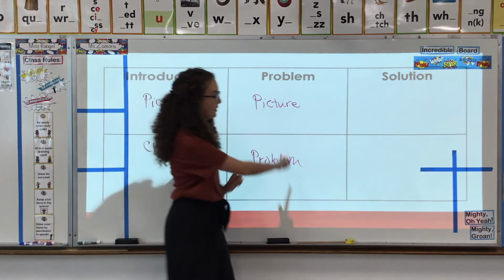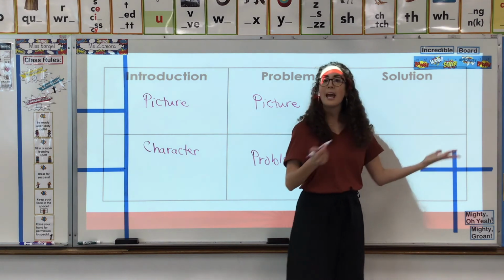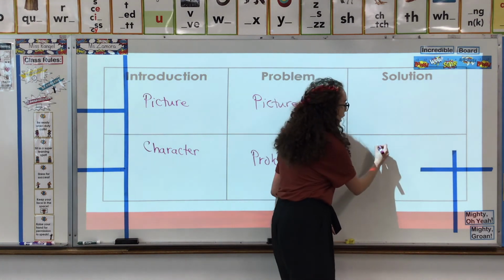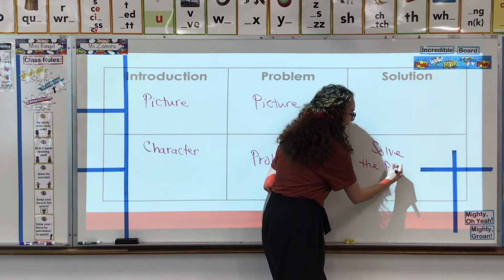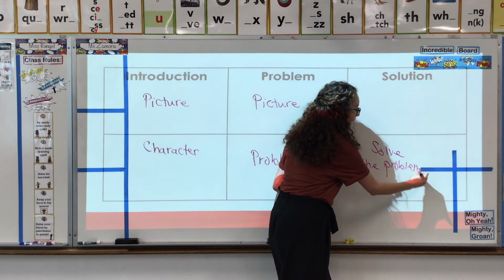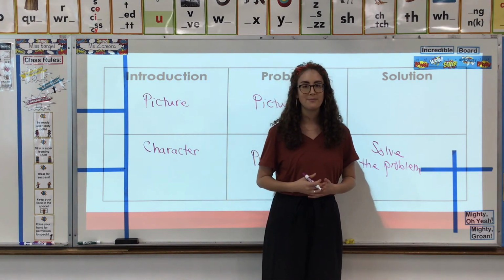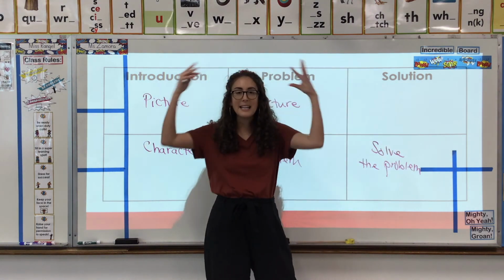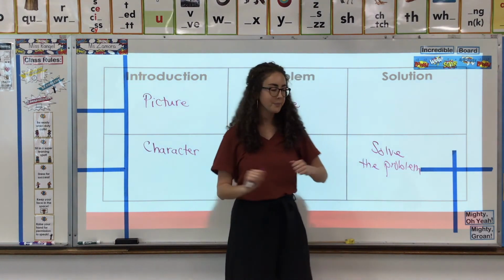Once you have the problem, then you're going to brainstorm a solution. How does the character solve the problem? And this is up to you again. You get to decide how the character is able to overcome it, as long as it all connects and makes sense based off your character.